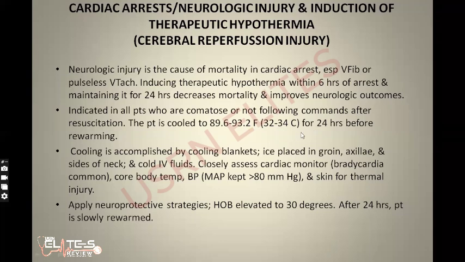Remember on the NCLEX, whenever you are given temperatures to consider, if they give you degrees Fahrenheit, they may as well give you degrees Celsius too. So you keep the patient cooled at this temperature for 24 hours before you rewarm the patient.